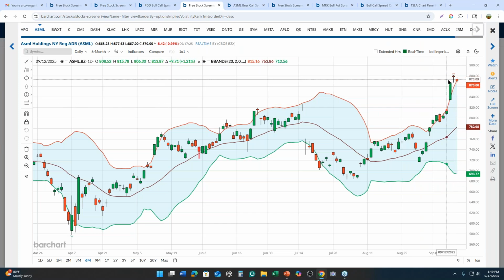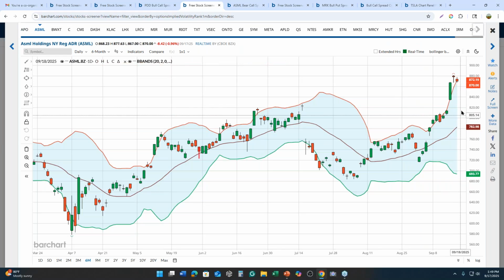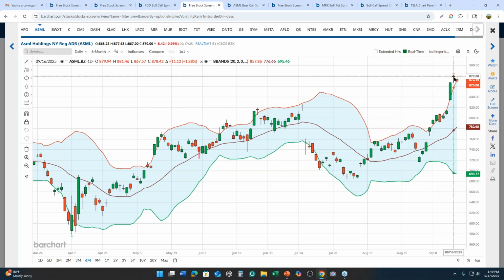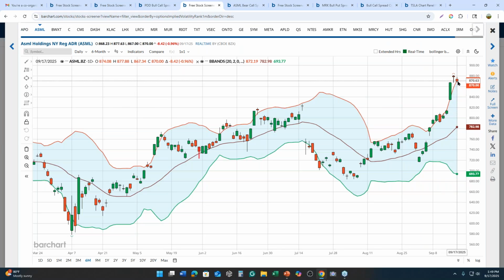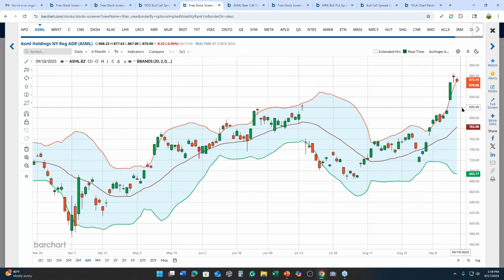We're going to assume that price is now going to fall back this way, or that volatility is going to come out of this market, and settle somewhere in between the outer band and the mean. That's all we want, right? We want volatility to either come out or we see a little directional price movement.